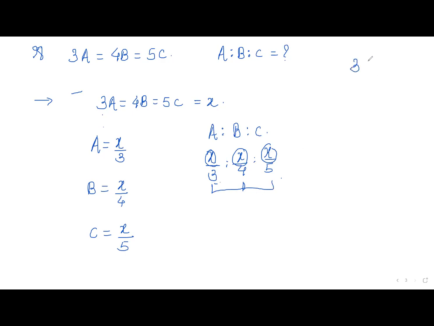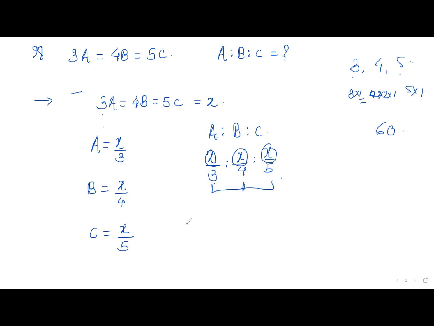What is the LCM of 3, 4, and 5? The factors are 3 into 1, 2 into 2 into 1, and 5 into 1. There is no common term other than 1, so 3 into 4 into 5 is the LCM, that will be 60.